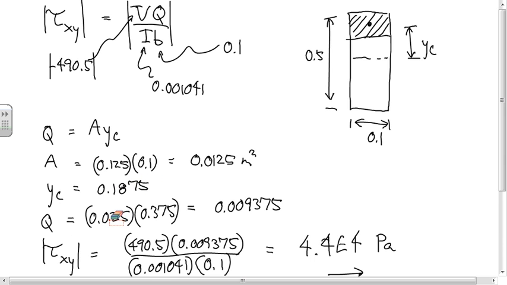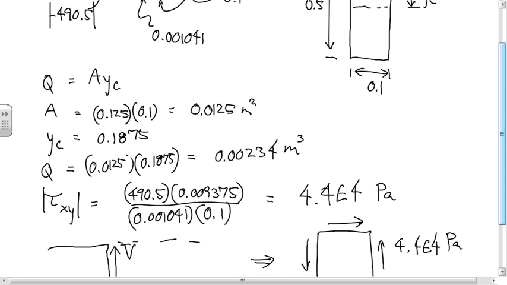So this is 0.0125 times 0.1875. Can you multiply that one again? 0.00234. For Q? Yeah. Okay. And tau is just part of that, so 1.1.